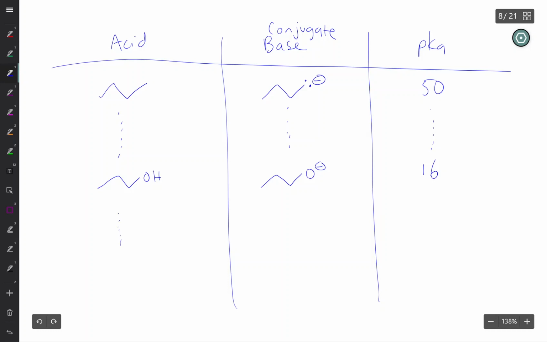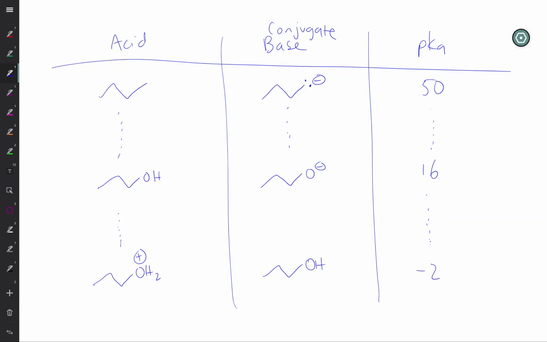Further down the list, at the bottom, you had this and this, and its pKa was -2. So as you go down, lower pKa values mean these are stronger acids. This is increasing acid strength. If you consider the things in that conjugate base column, those will get stronger in reverse, going up.